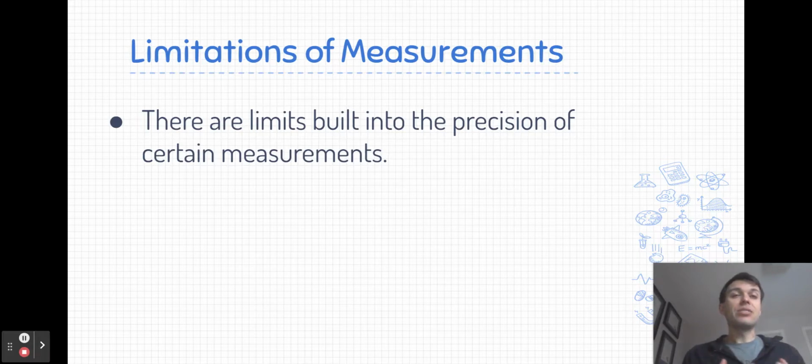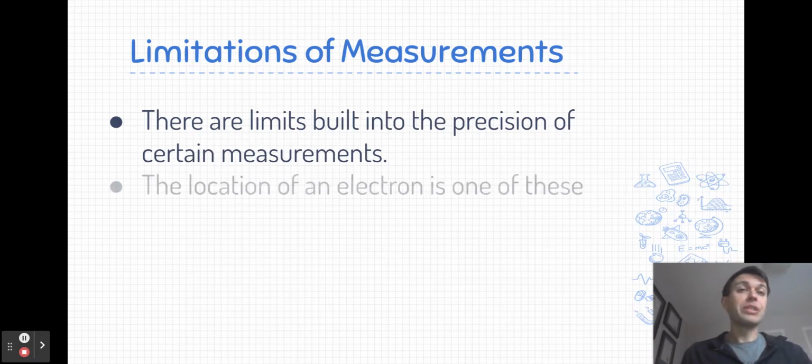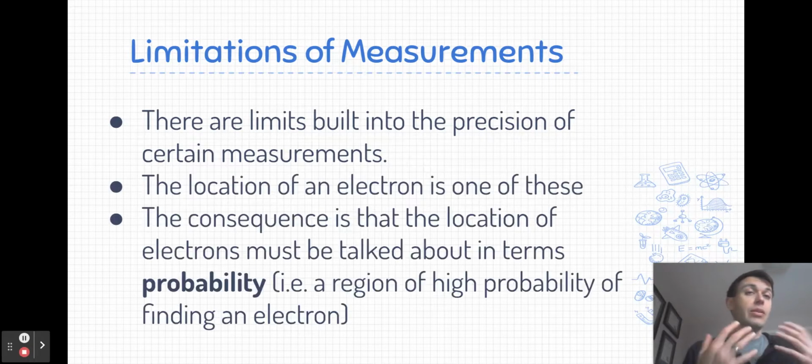It's built into nature itself that there are certain pairs of measurements that we have limits on the level of precision that we can reach. Describing the location of electrons is one of these limitations in measurements. And as a consequence of that, we can no longer speak of an electron being in a precise location.